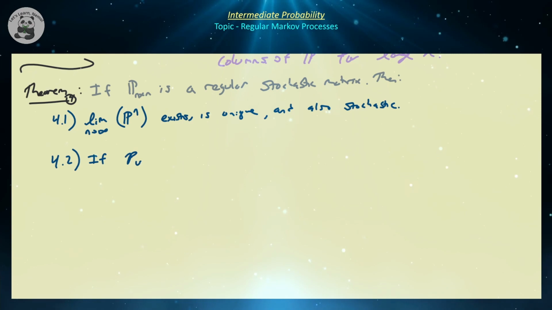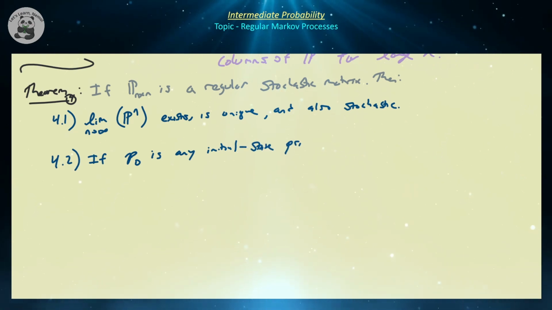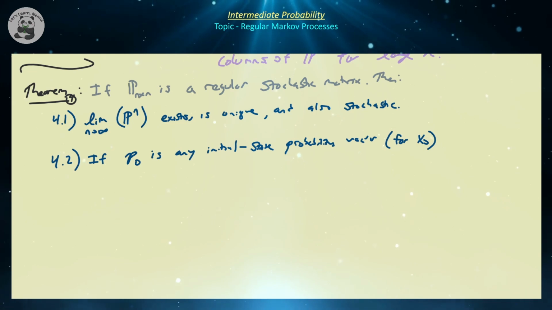Let's assume that p0 is any initial state probability vector, in particular for x0 for our associated stochastic process.